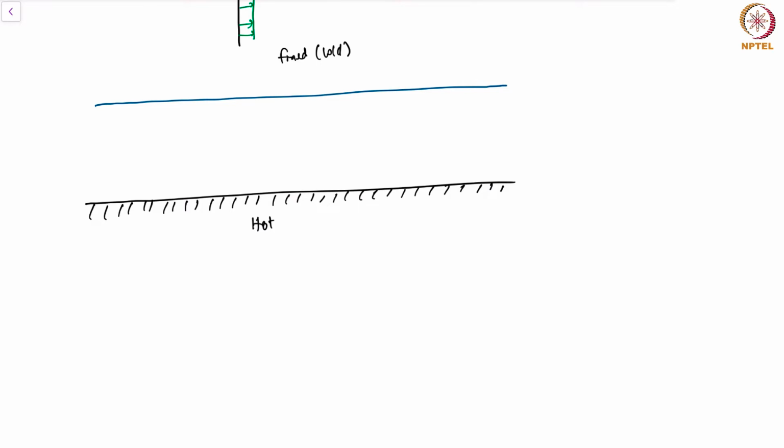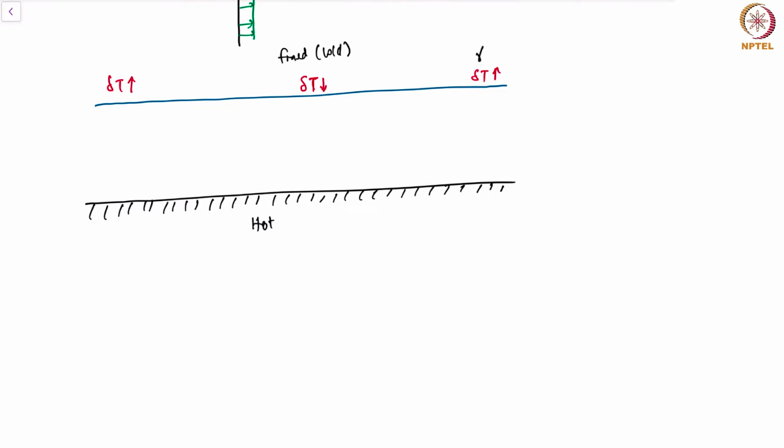Let us consider a situation where the temperature in the middle is slightly on the lower side, and the temperature fluctuation delta T is slightly higher on both sides. Immediately, this would drive a motion because of surface tension variations.